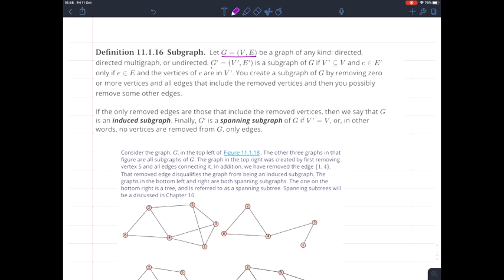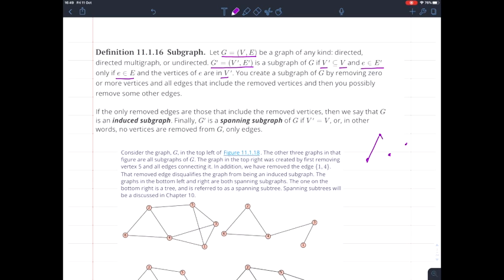So we have that a graph is a subgraph of some other graph if the vertex set of our new graph is entirely contained in the vertex set of the original graph, and any edges in our new graph were originally edges in the bigger, larger graph, and the vertices of those edges are in the vertex set of the subgraph.